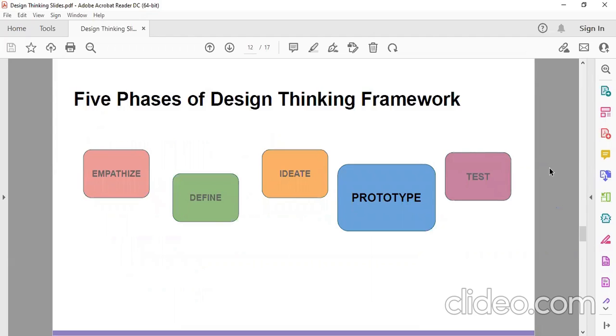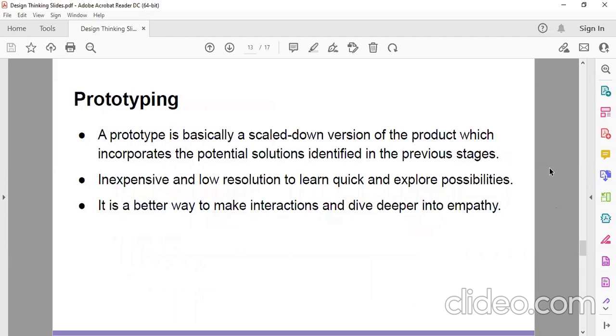Once you are done with the ideation phase, you have to move to the prototyping phase. The prototyping phase is where all your ideas, all those mind-related things, come into a tangible format. A prototype is basically a scaled down version of the product which incorporates potential solutions identified in the previous stages.